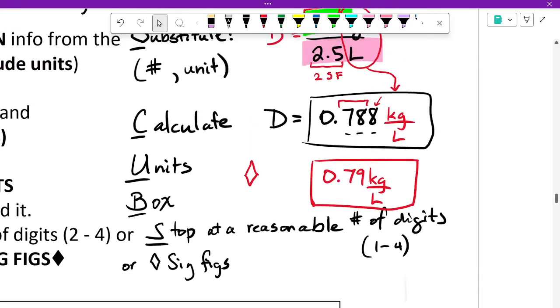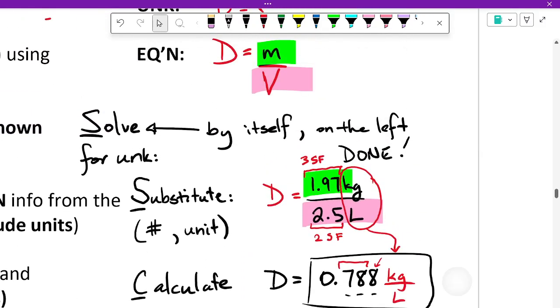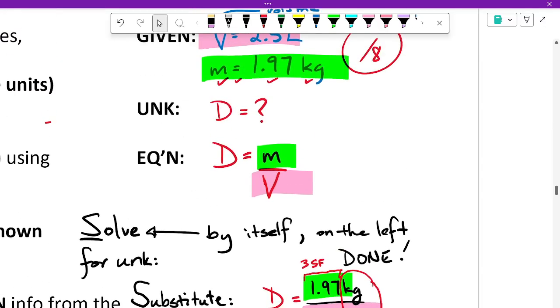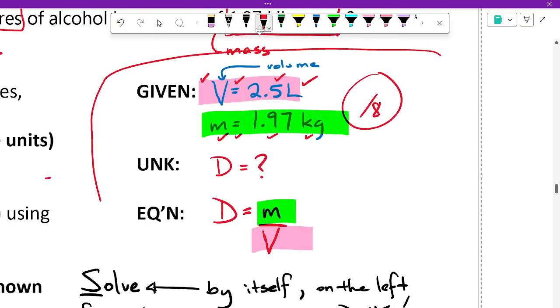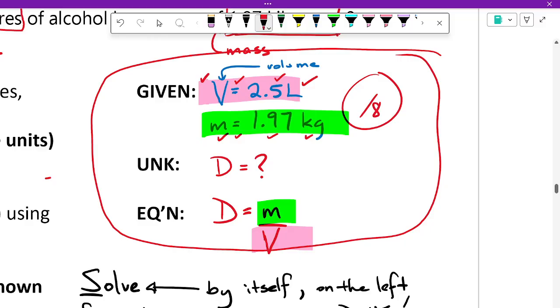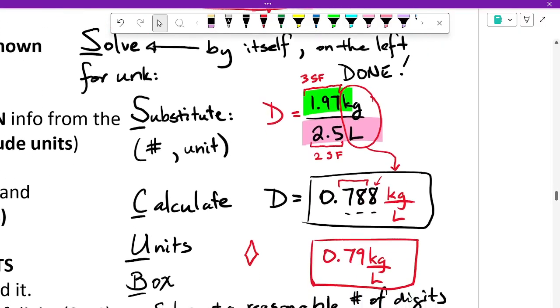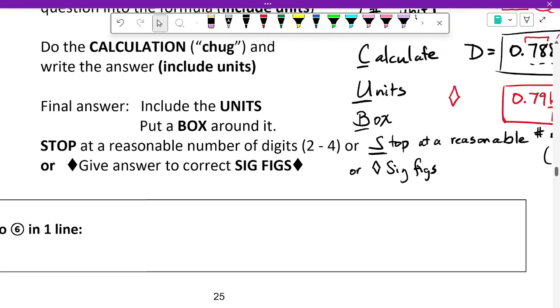Now, you could do this all in one line rather than writing it out step by step by step. You would still do these 3. But let's watch how you would do it in one line. Okay? You would have density is equal to the mass over the volume. So we have our equation, and it has been solved, okay?